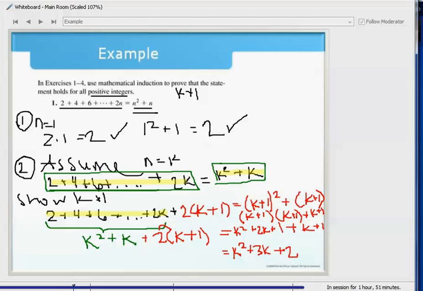If I redistribute, I have k squared plus k plus 2k plus 2, which is k squared plus 3k plus 2. And you can see that the left side is equal to the right, so that we've now shown that it holds for all positive integers. I think the most important step that it's hard to see is replacing this original with what the original is equal to, and then adding the k plus 1 term.